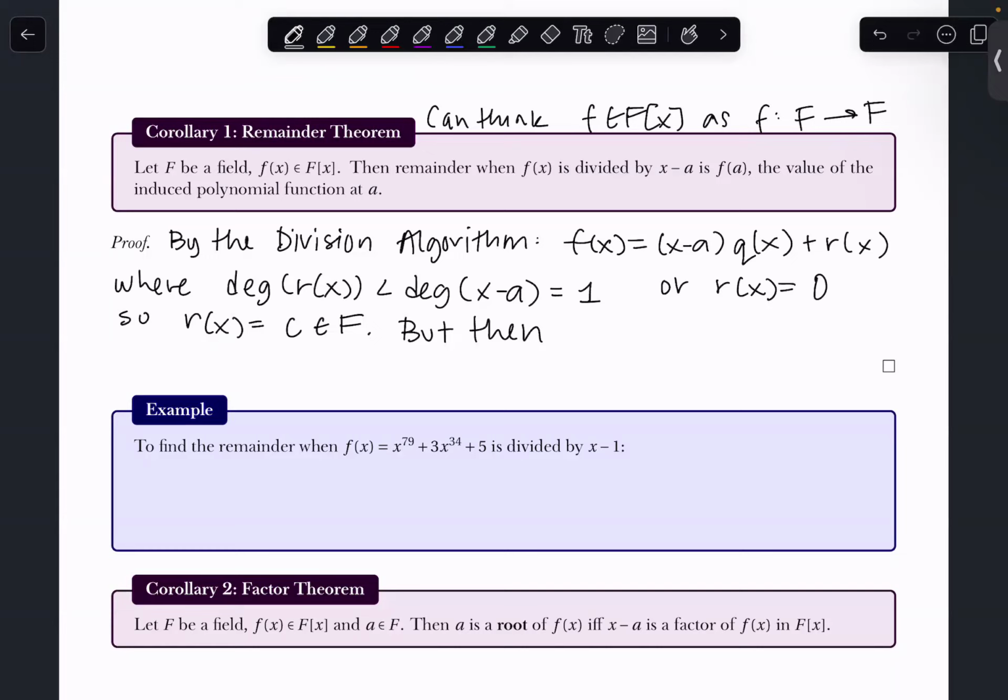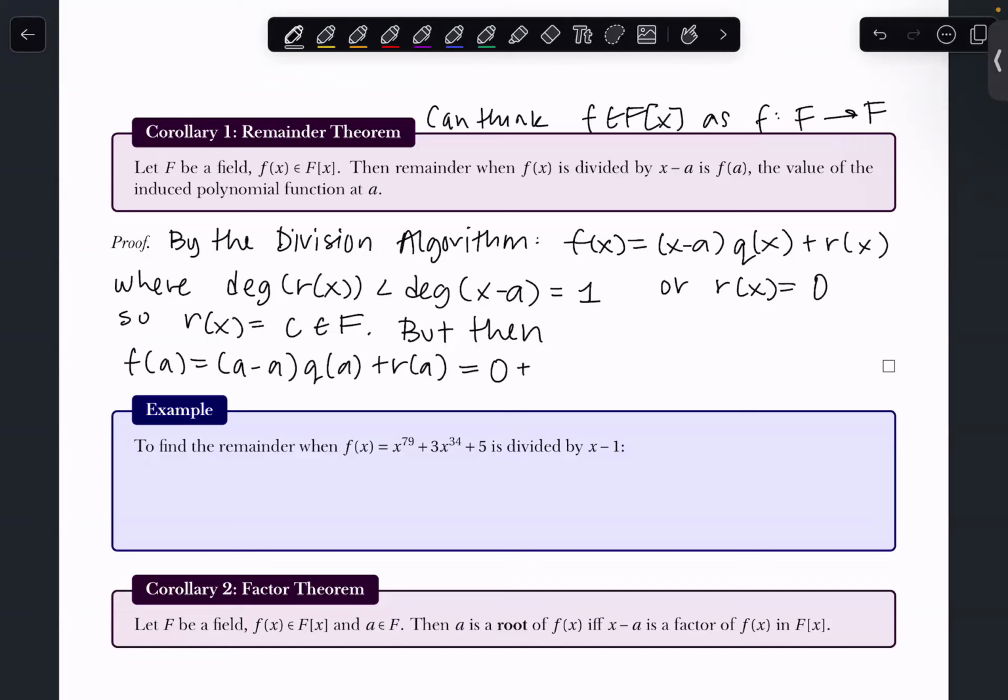If I plug in a on the left, I need to plug in a anytime I saw an x. But I have an a minus a, and anything multiplied by that will give me back 0.